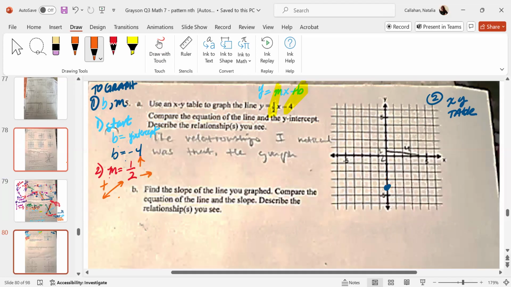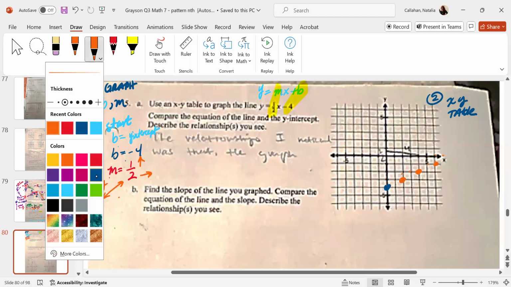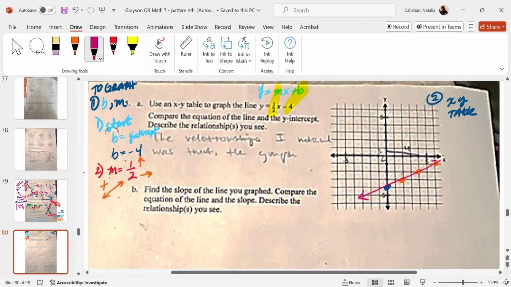So go ahead and do that. I want at least 4 points. There's your line, right? That's the first way to graph with MB, okay?